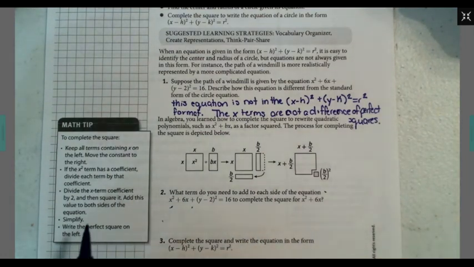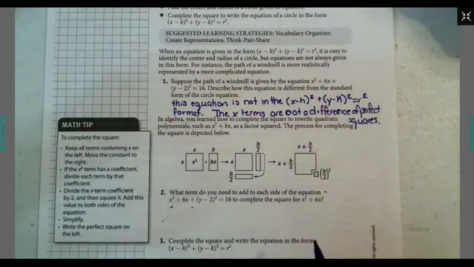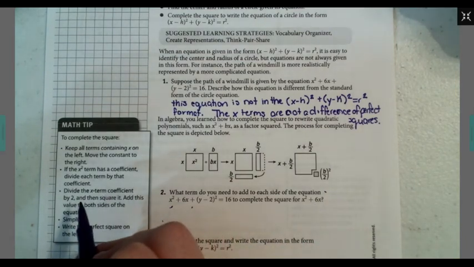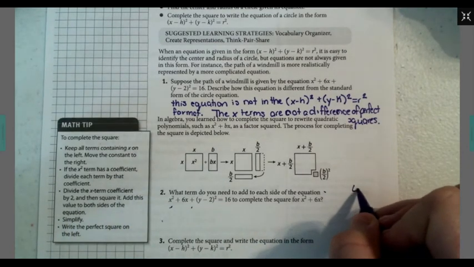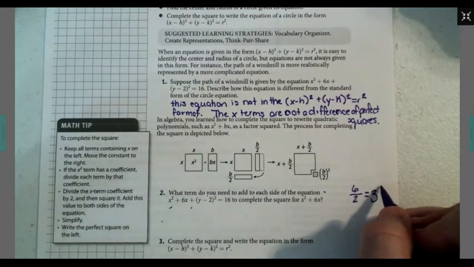No. Now it says divide the x term coefficient by 2 and then square it. What is the x term's coefficient? 6. So divide that by 2. 6 divided by 2 is 3. And then it says square that.